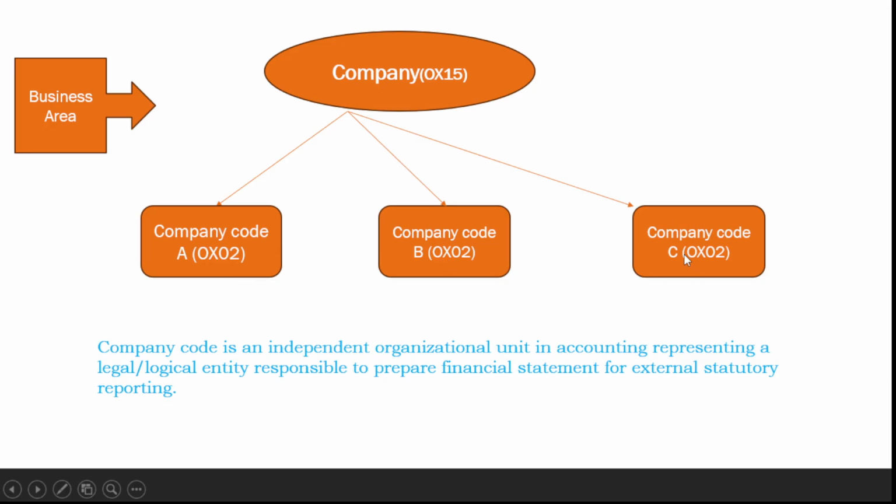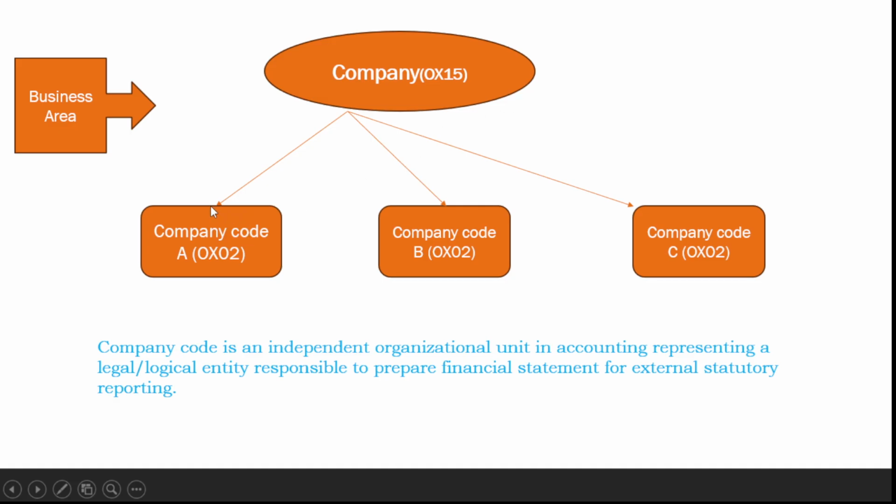Company code C will generate its own financial statement. All these financial statements will be sent to the parent company or group company. So your company is known as a parent company. And the parent company, if consolidation is required, will group, consolidate and publish it. That is how it works.